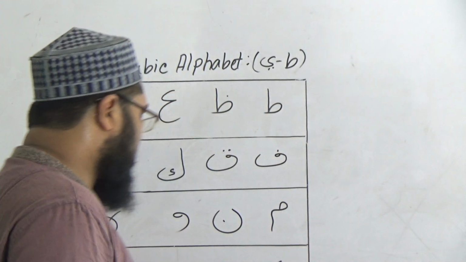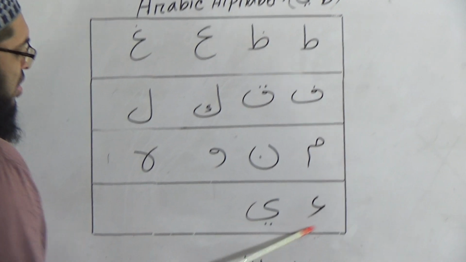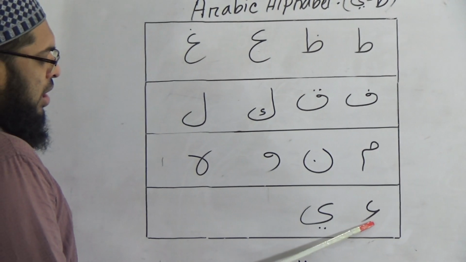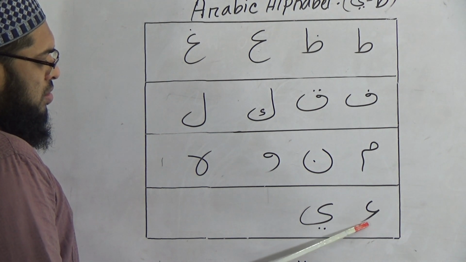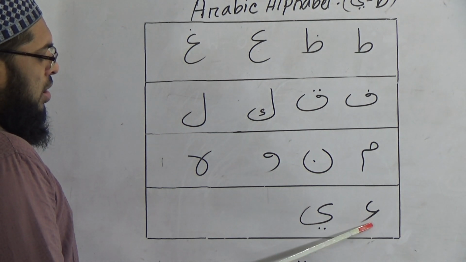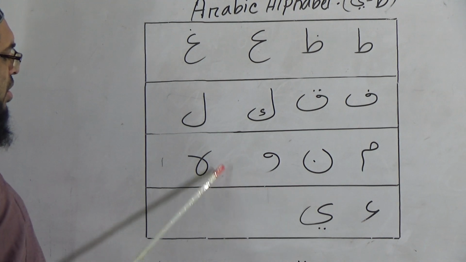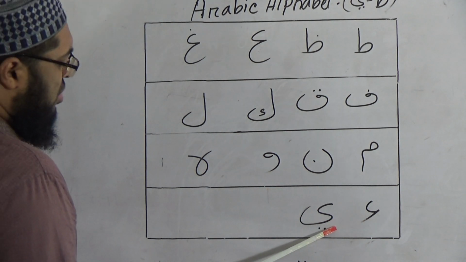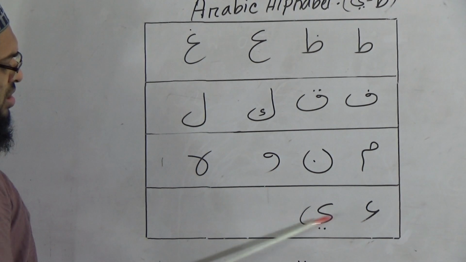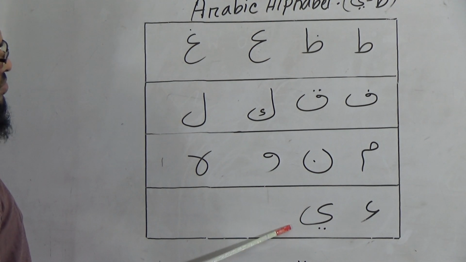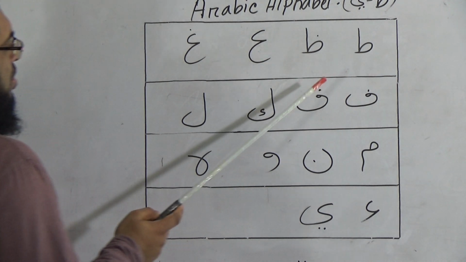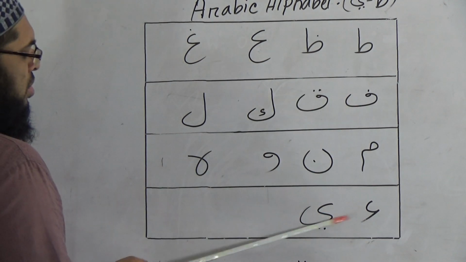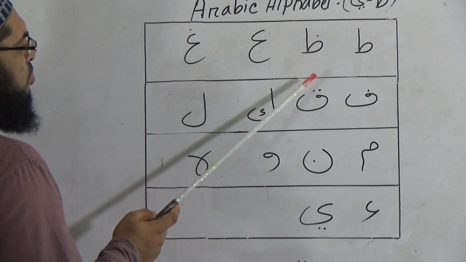So my dear students, look at the board again. Yes, this one is Ha, and you have to pronounce this one from the starting point of the throat, Ha, Hamza and Ha. And my dear students, this one is Ya. Okay, let's start and read one more time.